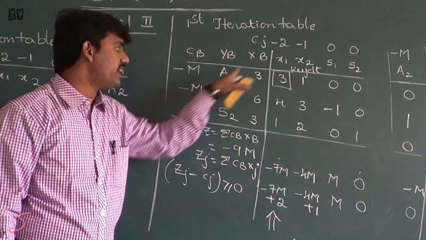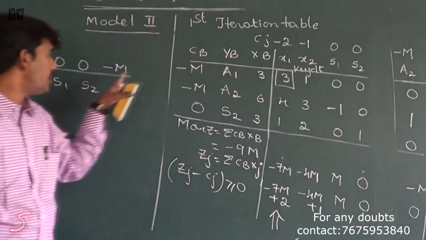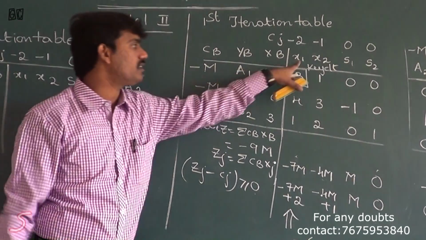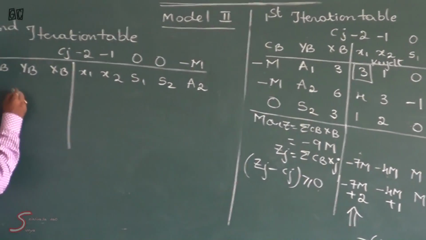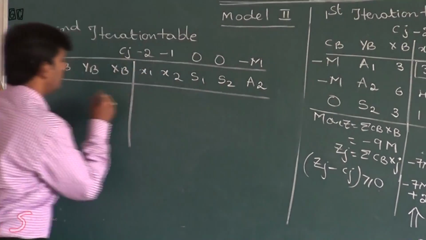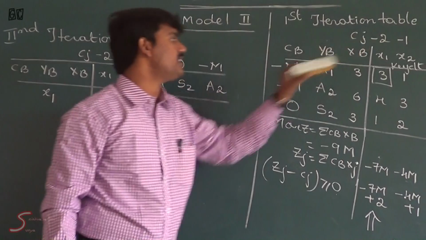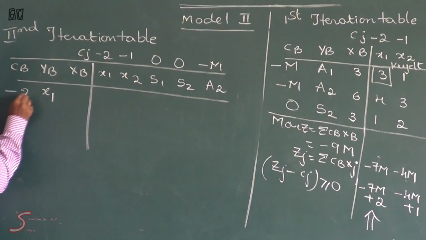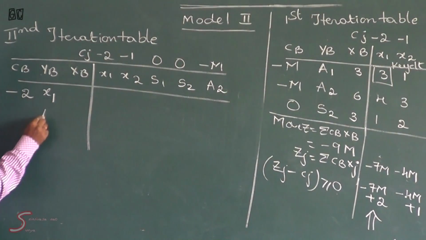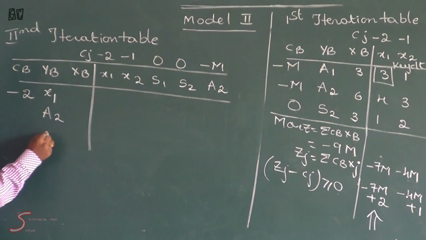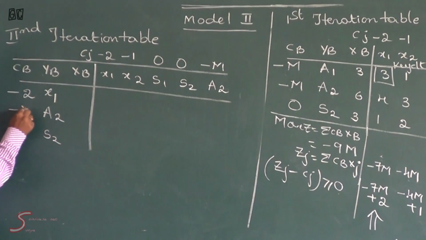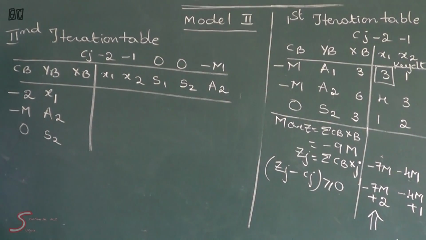So x1 is incoming, a1 is outgoing. Here x1 is incoming, so obviously x1 should be here. The cost of x1 is -2. And there is no change for the artificial variable a2 and s2. The cost should be -M and obviously 0.